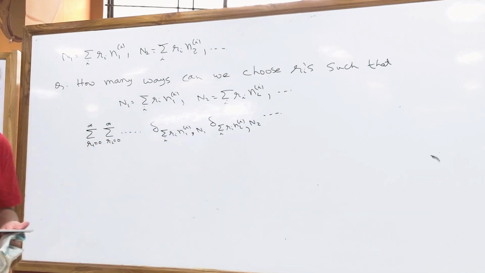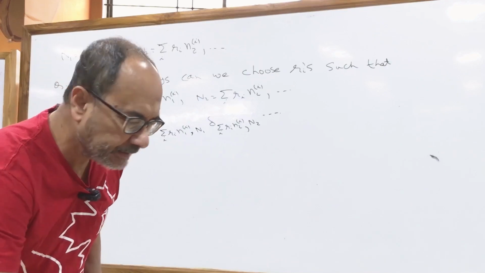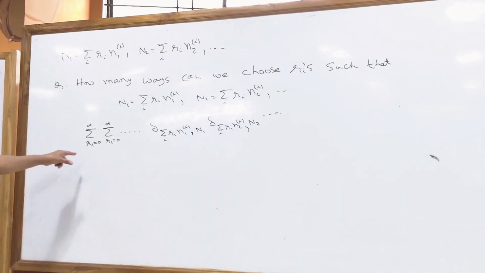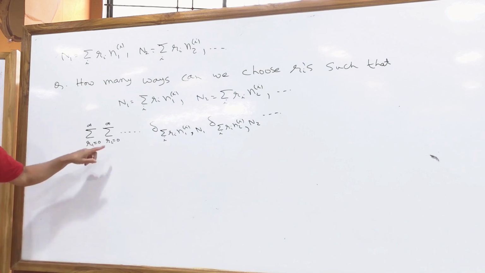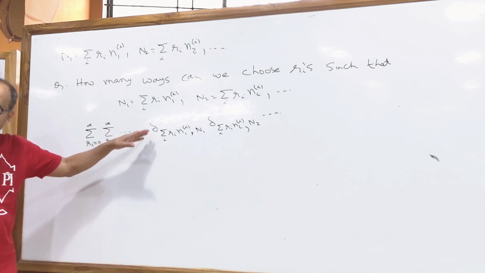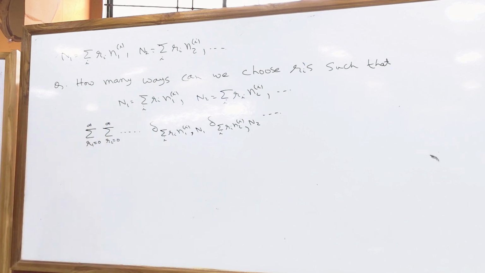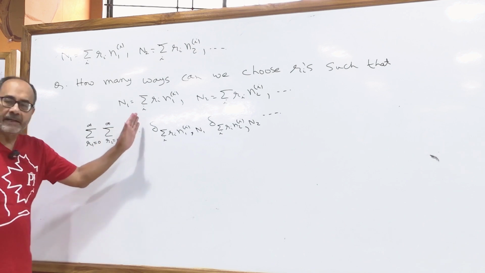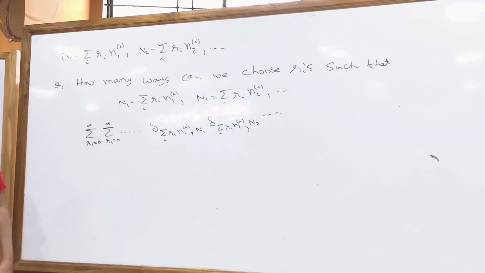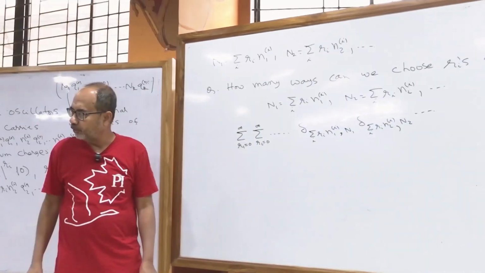So what we are doing is simply summing over all possible choices of the ri's, right? r1 goes from 0 to infinity, r2 goes from 0 to infinity, similarly r infinity goes from 0 to infinity. The summand is 1, so this will give an infinite answer if you don't put any more constraint.